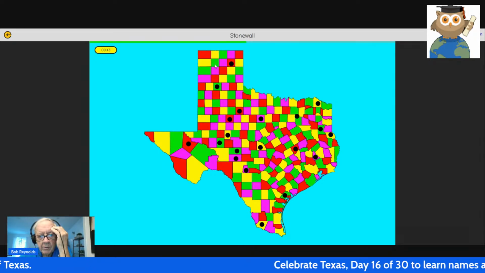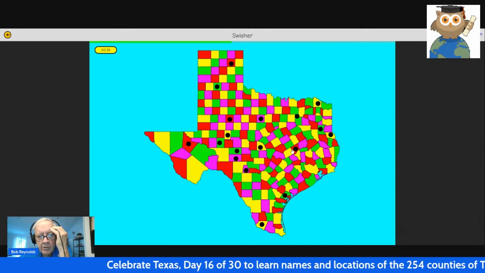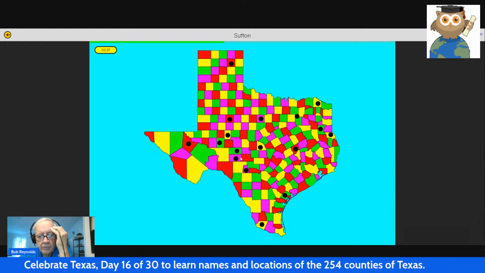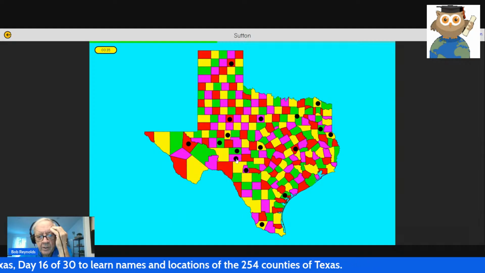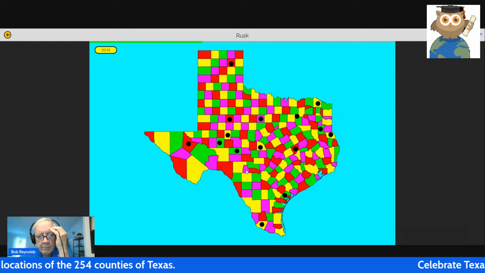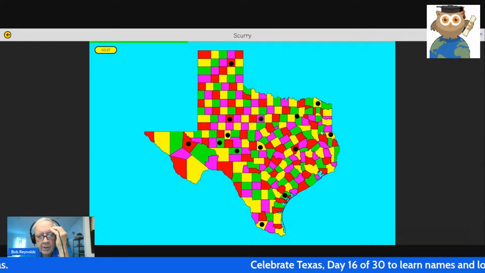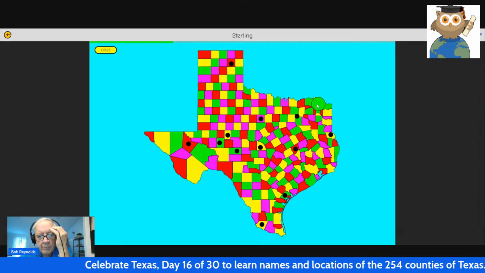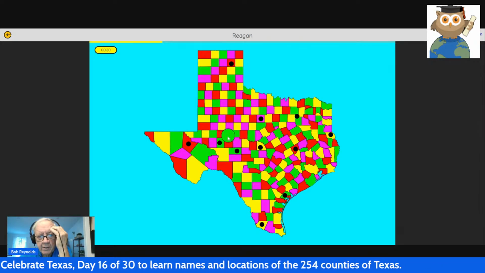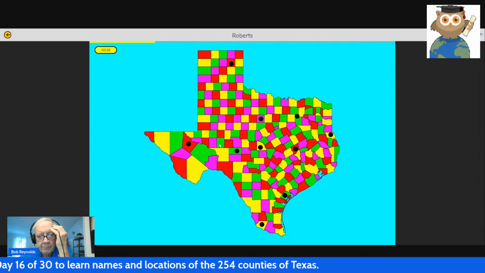Rains. This is Rockwall. Rains. Sherman. Stonewall. San Jacinto. Swisher. Sutton above Edwards. Sutton. Real. Rusk. Scurry. Red River, on the Red River County. Sterling. Reagan.